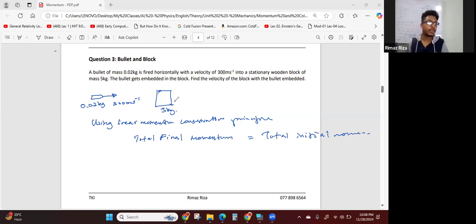So the total final momentum, this one has mass 5 kilogram, and the bullet has a mass of, I'll write the units later, 0.02.